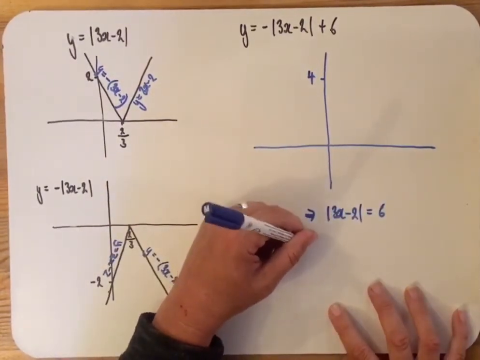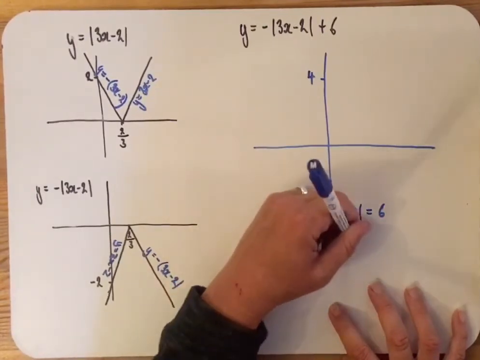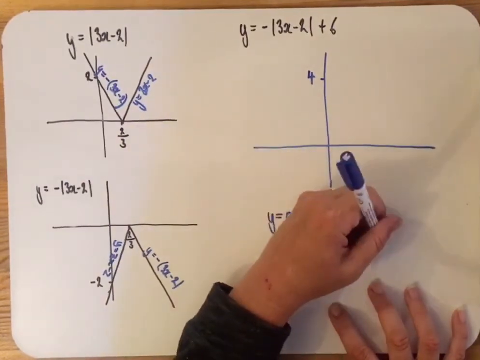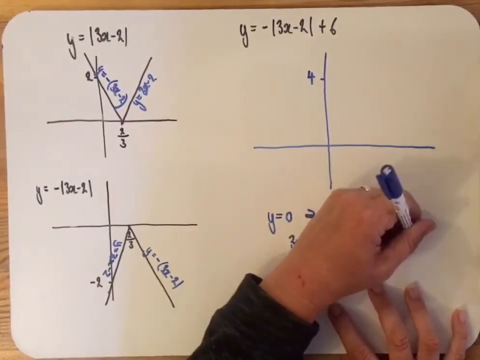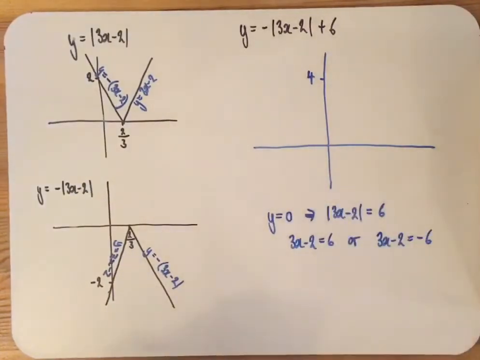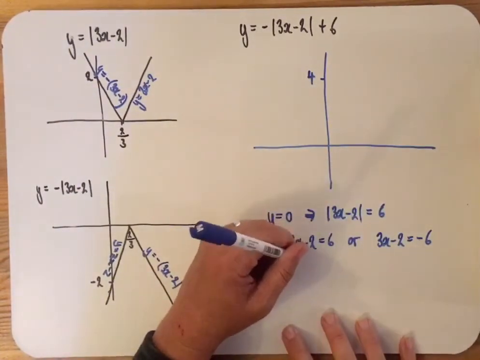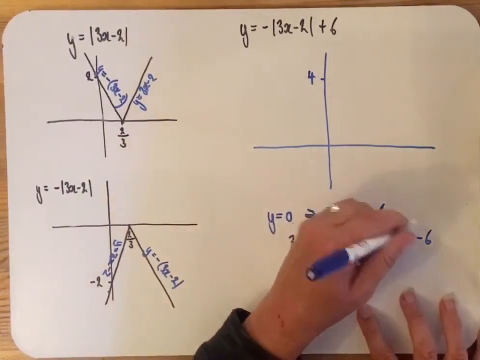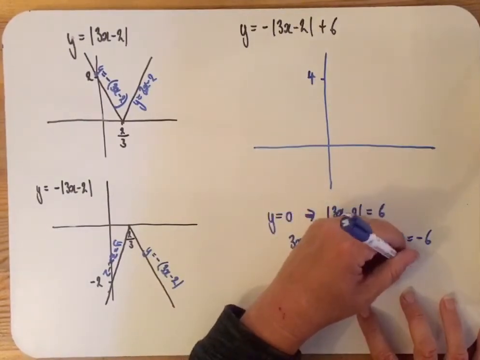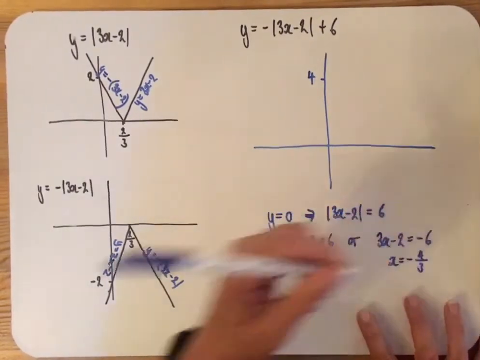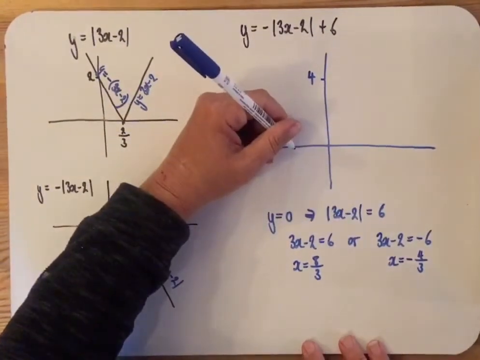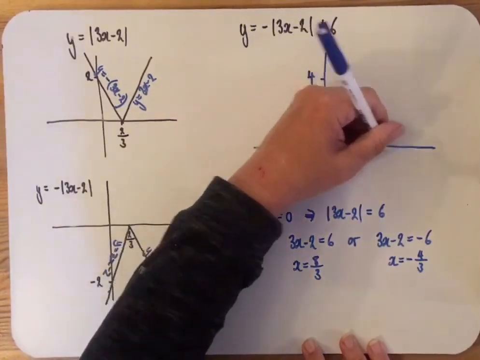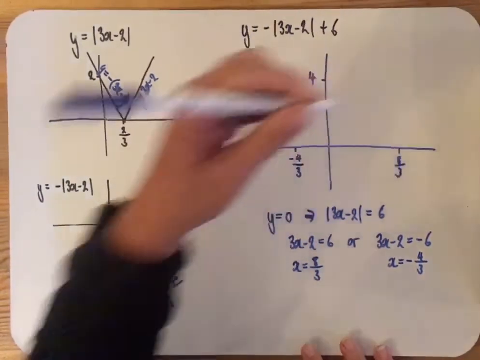So either 3x minus 2 is 6 or 3x minus 2 is minus 6, and then I can add 2 and divide by 3. Adding 2 gives me minus 4 over 3. So x-axis intercepts minus 4 over 3 and 8 over 3, so something like that.